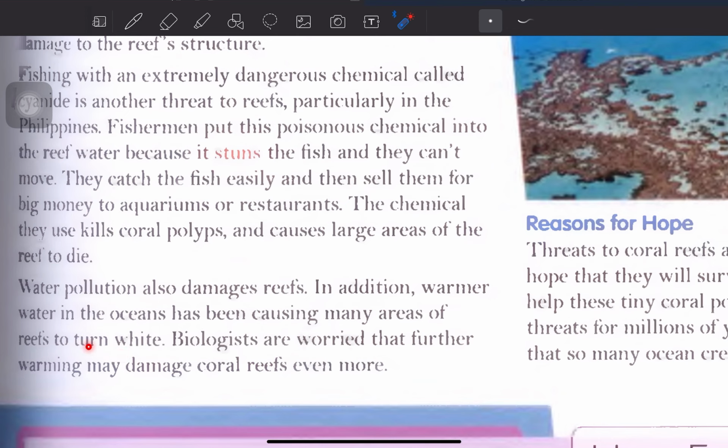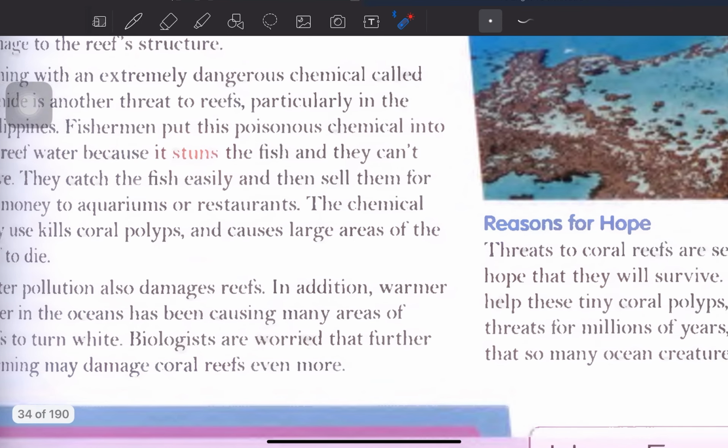Bila dia jadi putih, dia dah mati. Okay, biologists are worried that further warming may damage coral reefs even more. Ahli biologi agak gusar ataupun bimbang yang kepanasan air itu akan mengakibatkan kerosakan terumbu karang itu menjadi lebih teruk.